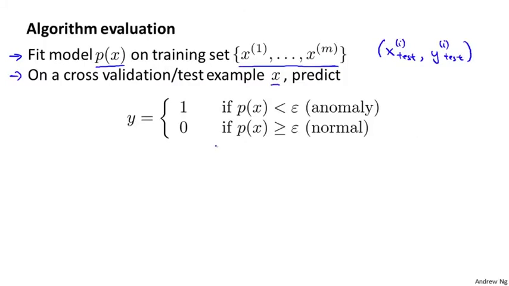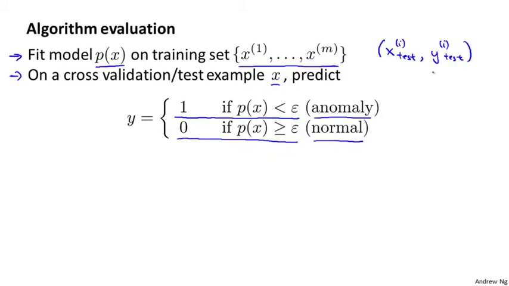Given input x in my test set, the algorithm predicts y equals 1 if p(x) is less than epsilon, so it's an anomaly because the probability is very low. It predicts y equals 0 if p(x) is greater than or equal to epsilon, so it's a normal example if p(x) is reasonably large.